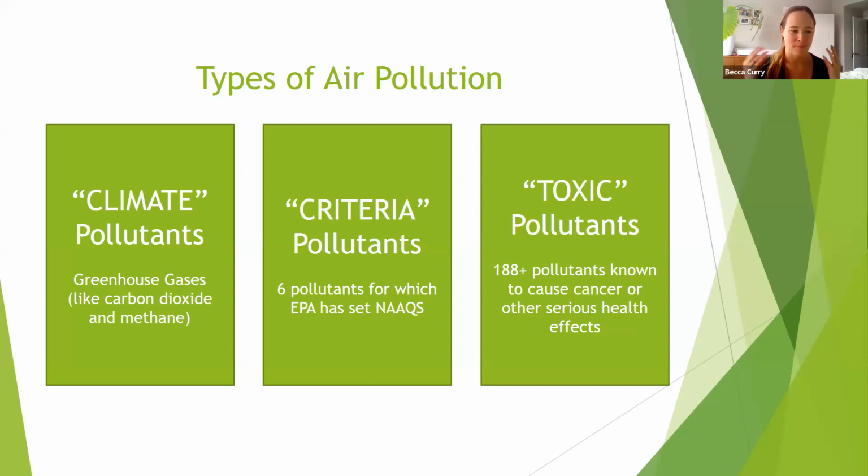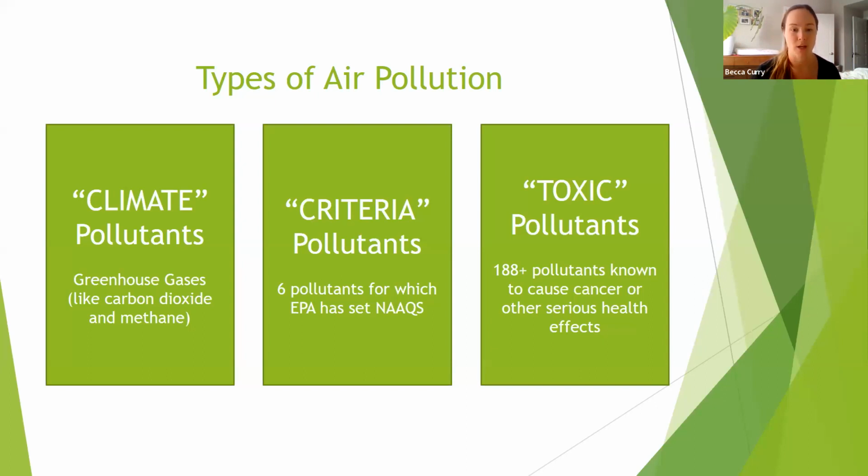So in my brain, there are three main buckets of pollution. The first is climate pollutants, meaning greenhouse gases, things that are warming the earth, particularly carbon dioxide and methane, which ultimately breaks down into carbon dioxide.